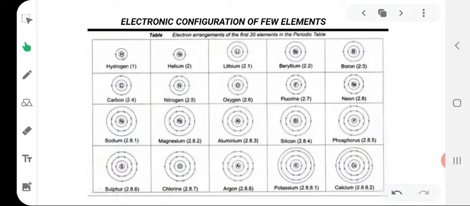This is how the electrons are distributed. You can count the number of orbits in each case, and the distribution of electrons is also shown in the brackets in each case.